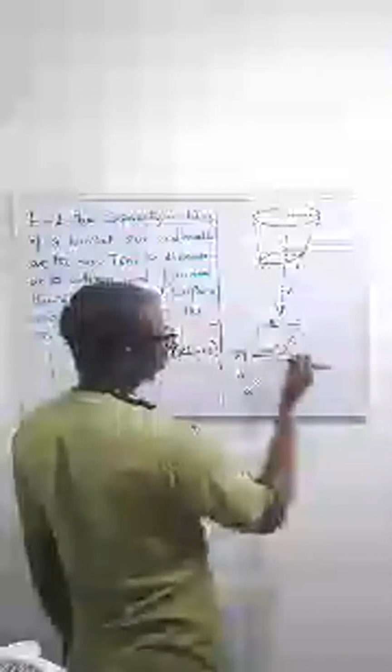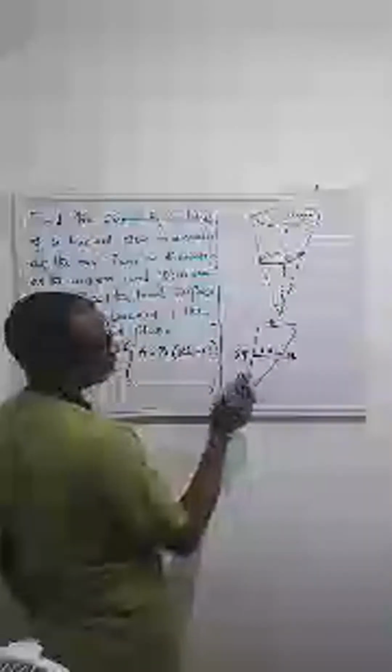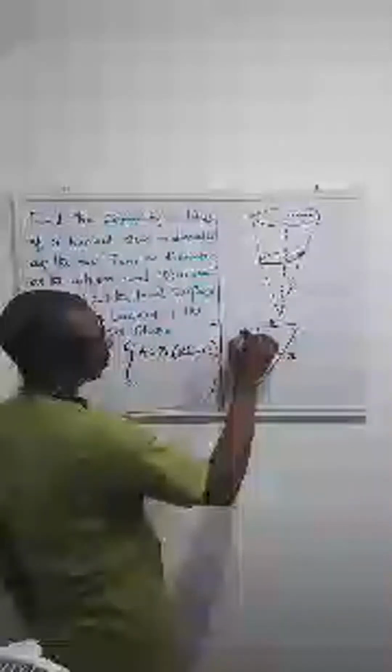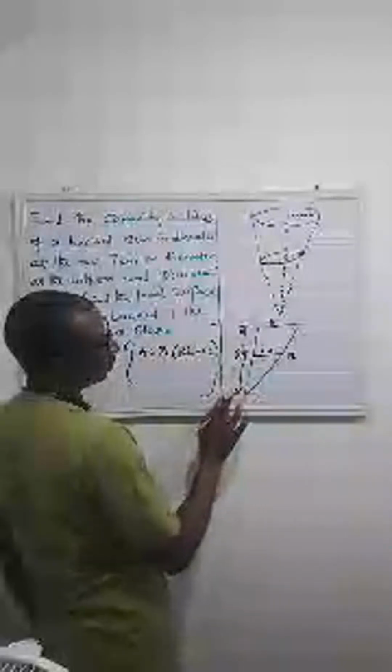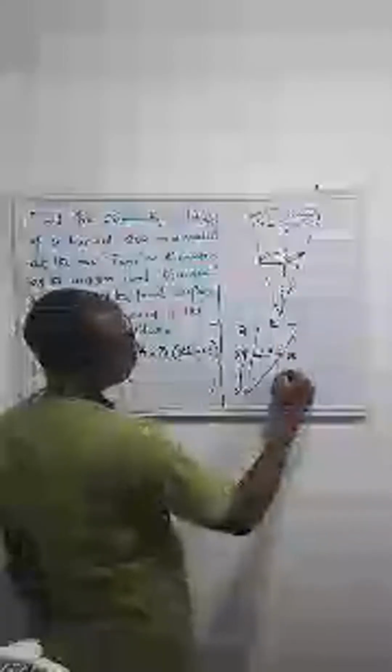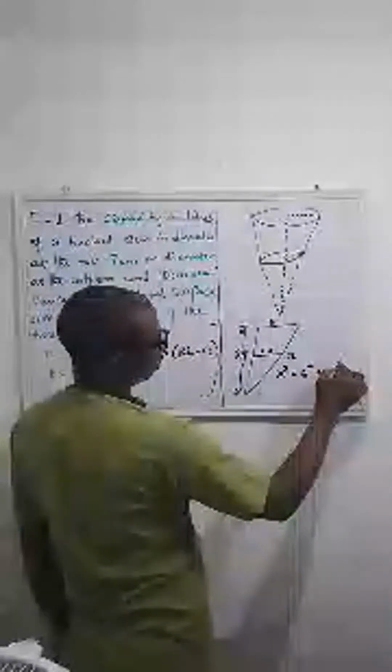All right, so can we do that now? Let's look at the bigger one. Now this side is 24. Now this is 16. All right, so we want to get this side, so we are going to be making use of Pythagoras theorem. We have x squared equals the sum of the squares of the two sides, that's 6 squared plus 24 squared.